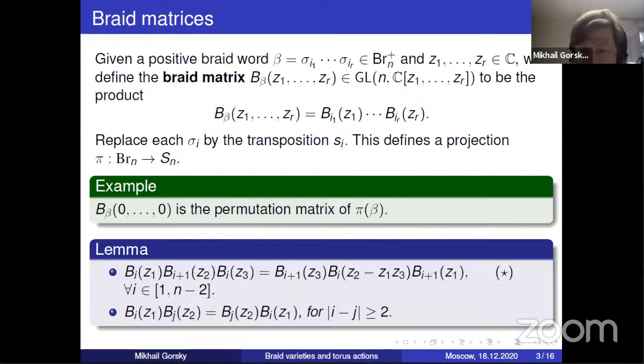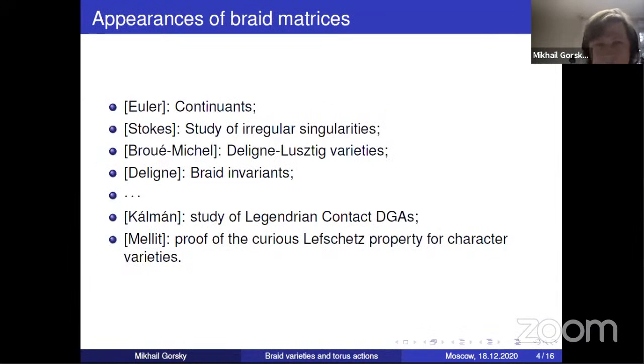So these braid matrices appeared in some disguises in various contexts. They were considered already by Euler in his study of continuants. I hope I pronounced this word correctly. But the point is that these are determinants of tridiagonal matrices. And then they appeared in Stokes' study of irregular singularities, and more recently they appeared in works on so-called Stokes phenomena and wild character varieties, but I'm far from being an expert in this, so I won't say anything more.